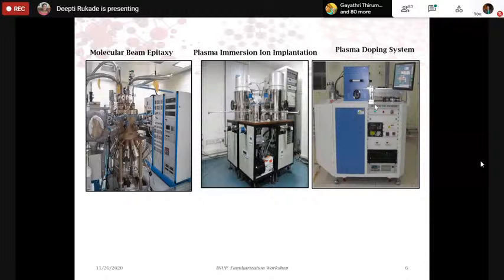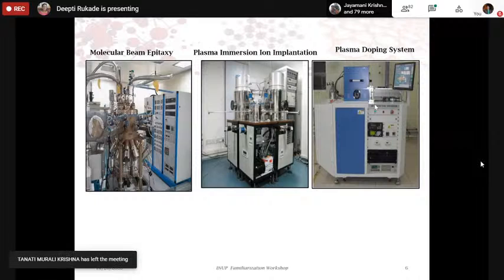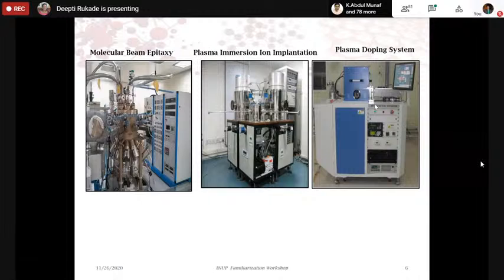Then you have guns that are called effusion cells. These effusion cells heat your material to be grown at a very high temperature, and give out those gases, materials onto the substrate, which is already at high temperature, at regular intervals.